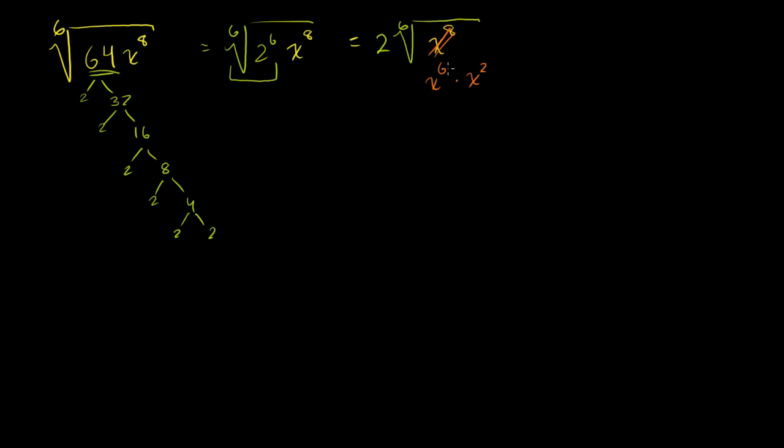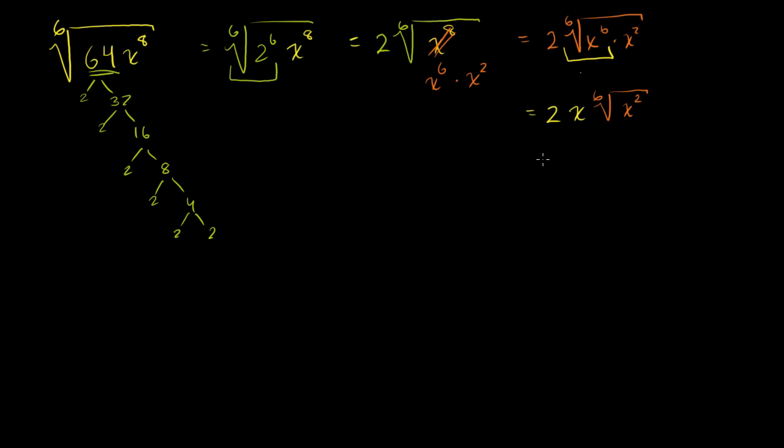You have the same base, so you add the exponents. This is the same thing as x to the 8th. So this is going to be equal to 2 times the 6th root of x to the 6th times x squared. And the 6th root of x to the 6th, that's just x. So this is going to be equal to 2 times x times the 6th root of x squared.